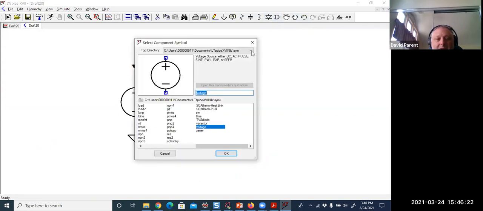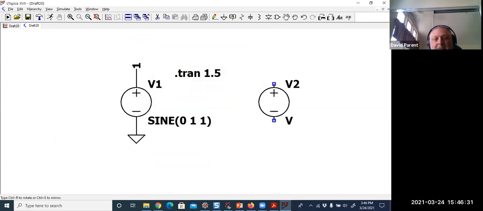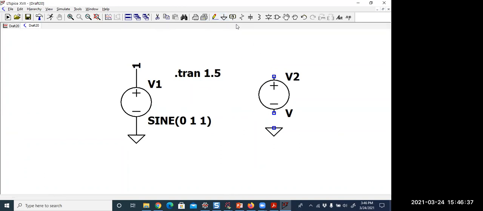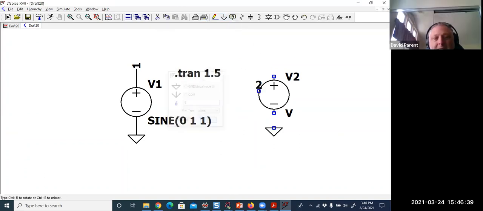What I'm going to do is add another signal, and maybe you can see it a little bit better.